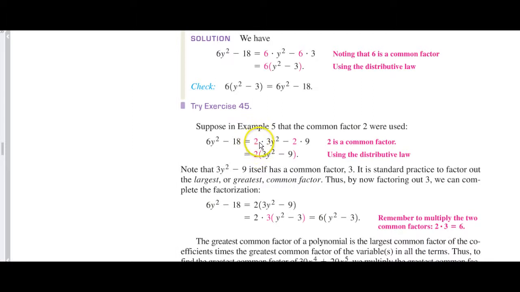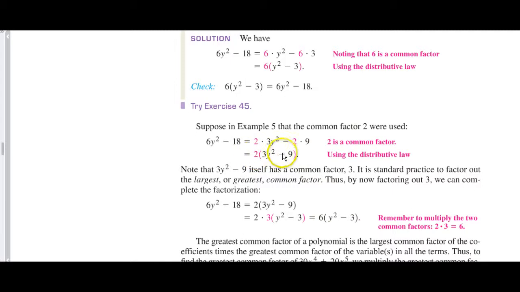Well, it's a start, but notice what you have left in the parentheses still has a common factor of 3. So when you pulled out that 3 from this, you then would get 2 times 3 is 6, which would then take you to what MathLab would give you credit for as a correct answer.